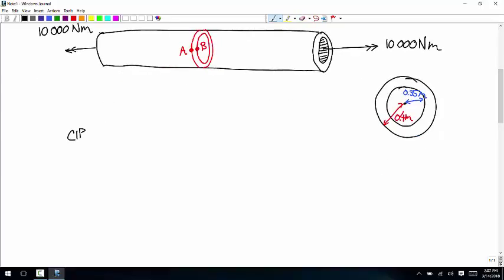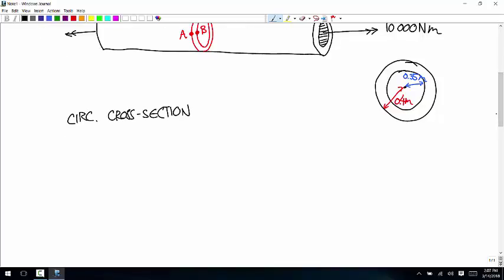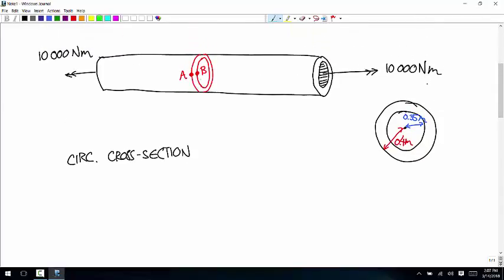So for the circular cross section, our formula is, and I set this up sort of nice for us, X, Y, Z. These points A and B are right along the Z axis, so we're not going to have to worry about any rotating of coordinate systems.